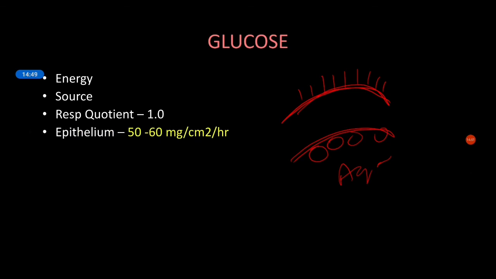For the epithelium, the glucose consumption is 50 to 60 milligrams and 85% of the glucose is metabolized. The amino acid source is not very important, but it is around 10 milligrams per hour.